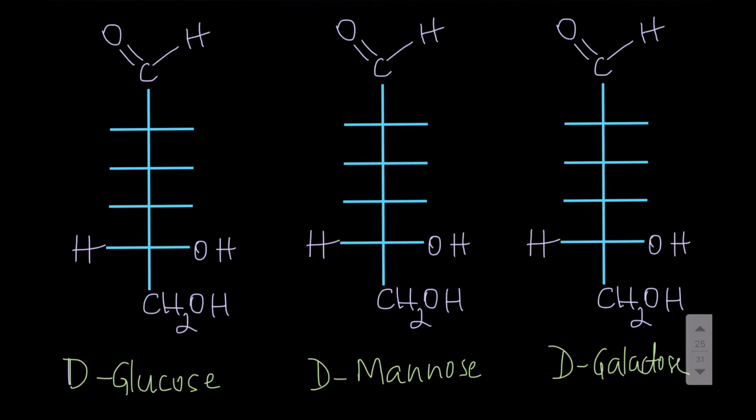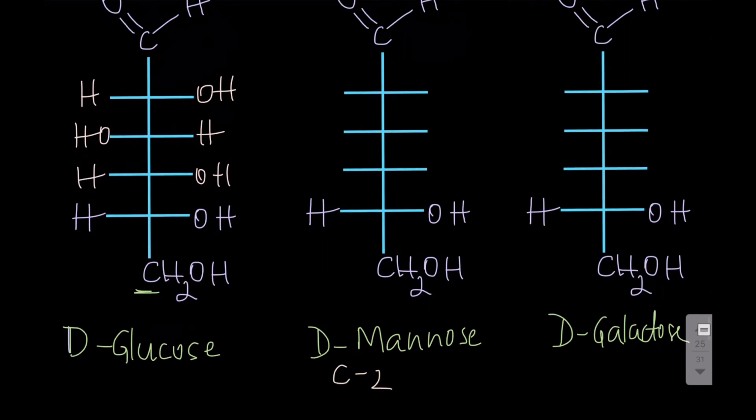So to summarize, if you're comparing glucose, mannose, and galactose, you have the same basic backbone. You have a 6-carbon chain. The top one will be an aldehyde, the last one will be CH2OH, and the 5th carbon will have the orientation as OH on the right because they are all D sugars. So if you know the glucose structure, where you have all the carbons with H on the left and OH on the right except the C3, then you can draw the structure for mannose, which is a C2 epimer.